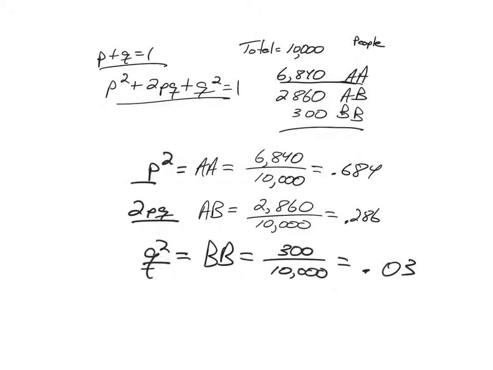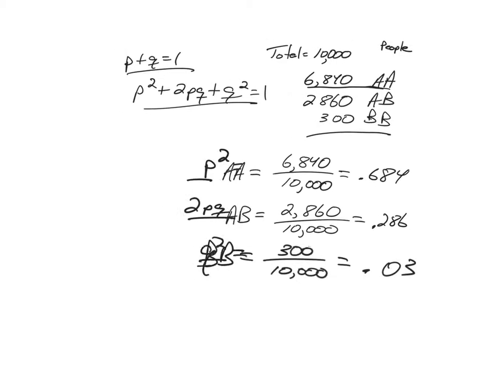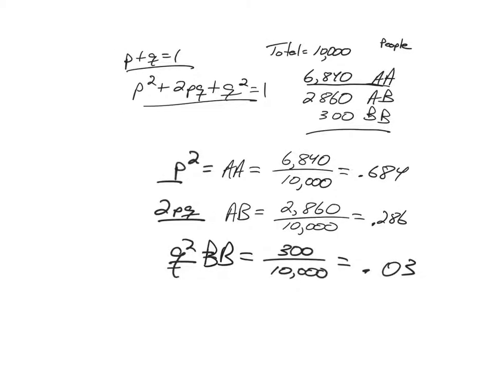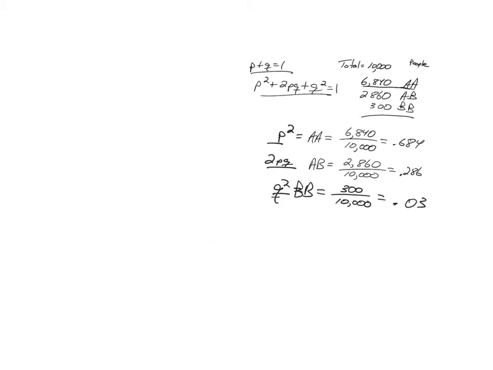To find the A allele, what are you going to have to do? All right, so you go with the square. How do you find the frequency of the A allele?